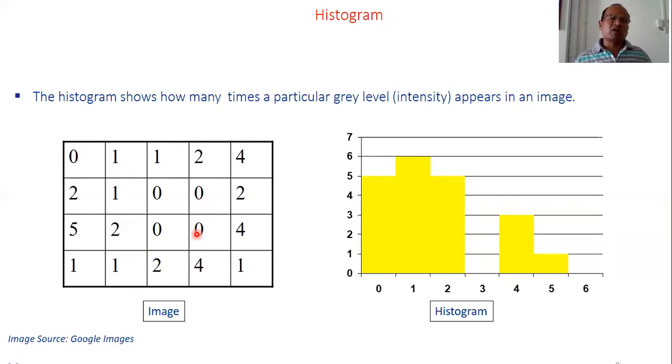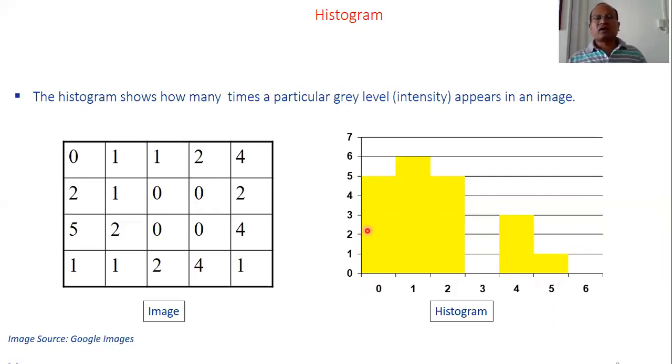So in a histogram, what do we do? Histogram is like a bar diagram, a bar representation, where on the y-axis we denote the number of pixels, and on the x-axis we denote the equivalent intensity value. So on the x-axis we express the intensity value, and the corresponding number of pixels having that intensity value is expressed on the y-axis.